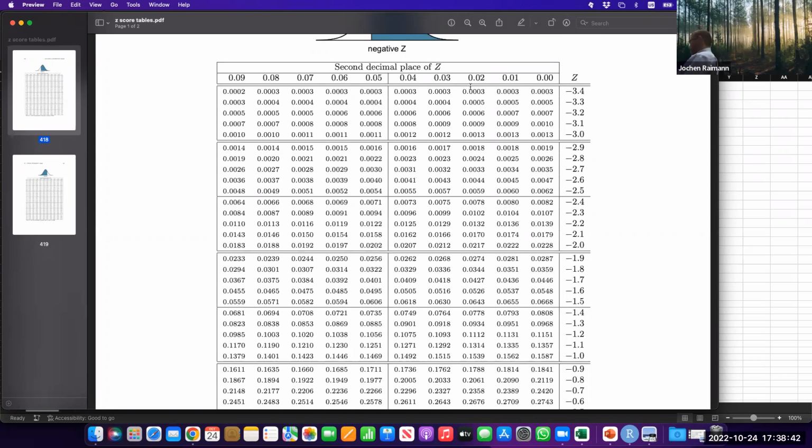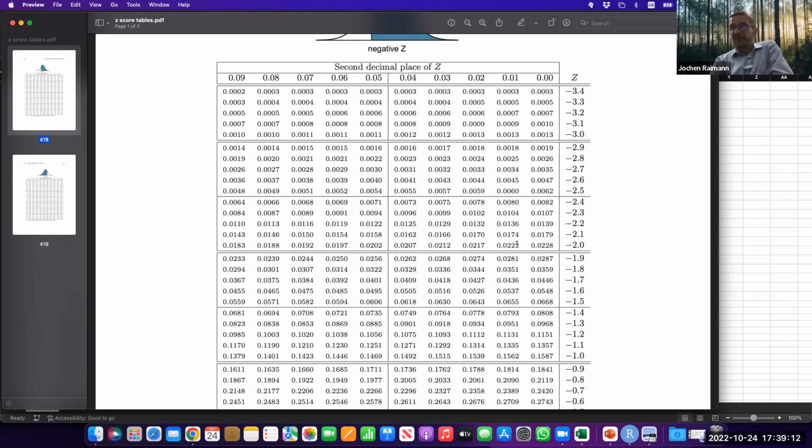I know it looks terrible. Bear with me. You come from zero to -3.4, that's page number 1. If you want -3.46, you go in the respective row, then follow the row along until you have the second decimal. Simple, right? It's not terrible.